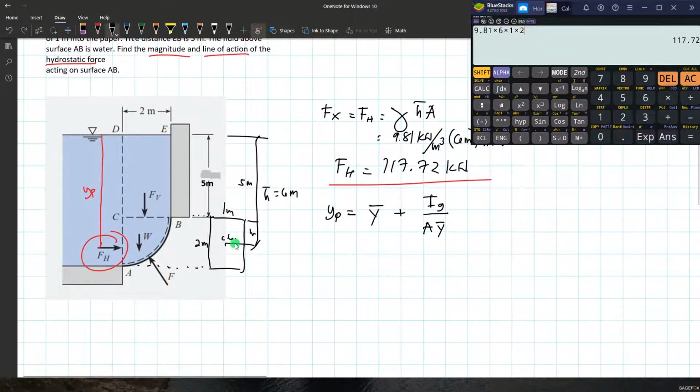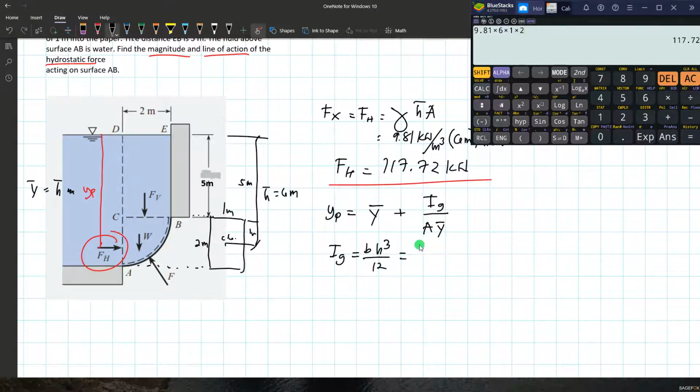Since this is a vertical surface, y-bar is just equal to h-bar. So let's first determine the centroidal moment of inertia of this rectangle right here: b h cubed over 12.